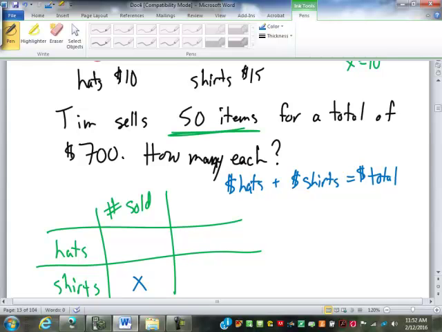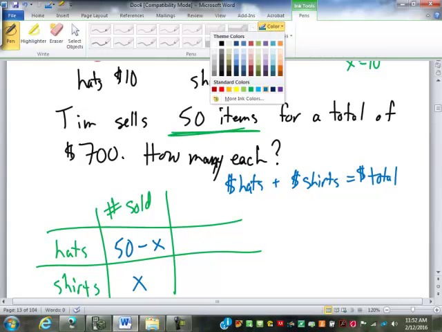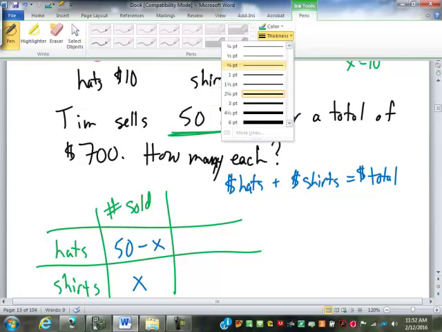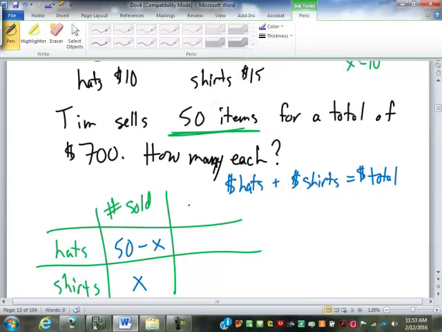Now, whatever that number is, if we knew there were 20 shirts sold, the number of hats would be 50 minus 20, or 30. But we don't know that number, so the number of hats is 50 minus the number of shirts, or 50 minus X. Again, we could use whatever letter we wanted to in there, but I'm using X just because it's clear. Now, off of that, we have to, just like before, figure out the dollar amount from each.